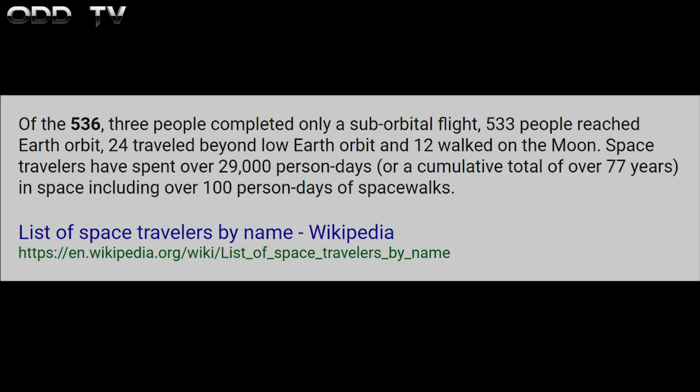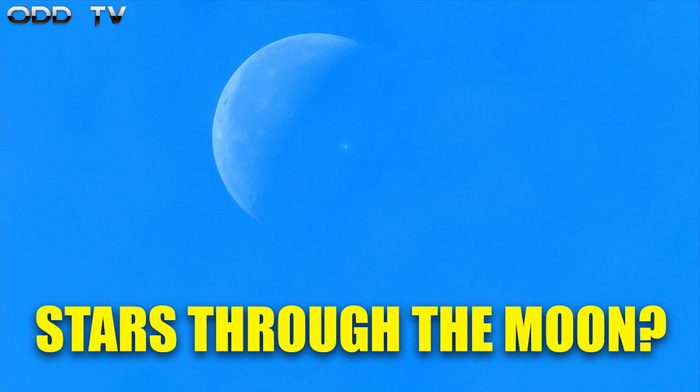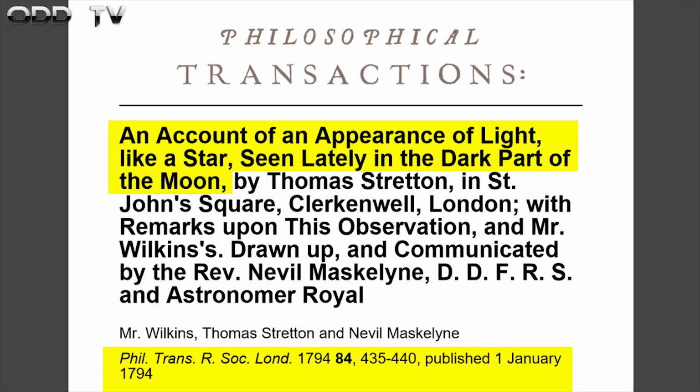And let me just say that we were discussing how the moon is local, so naturally you're probably wondering why we can't go. Well, the thing is that none of this stuff is what we are told it is. There are documented cases of being able to see stars through the moon. So this begs the question, is the moon even a physical object? It was also documented in the Royal Society of Philosophical Transactions from 1974.